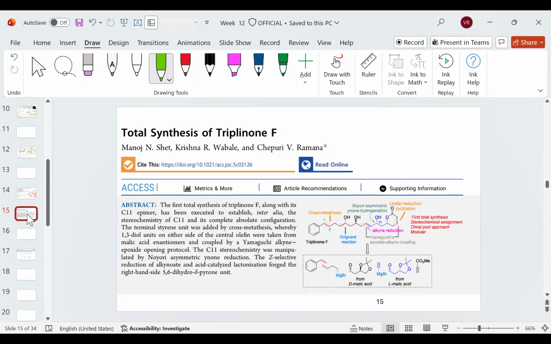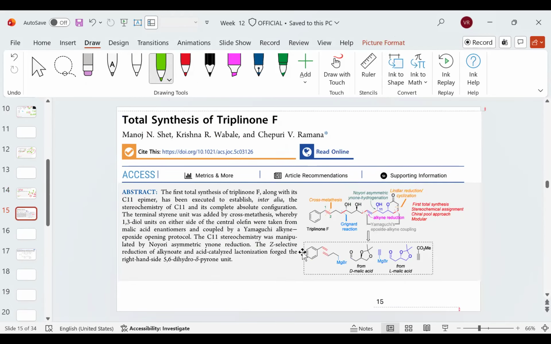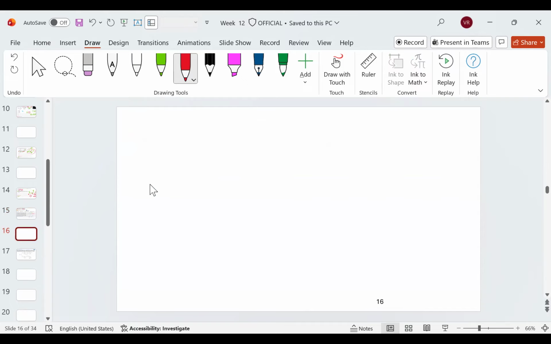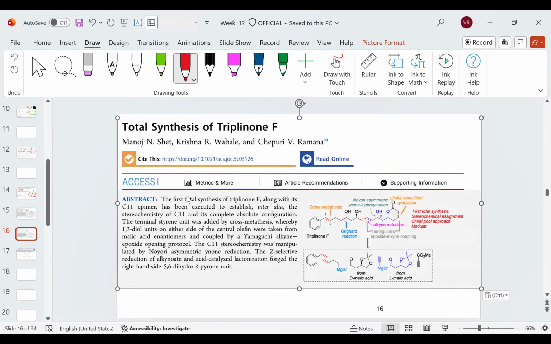Okay, let's move to one of the examples that I have taken purposefully to show you. This is a very recent paper from NCL Pune on the total synthesis of triptolide F. If you look at the molecule, I will zoom out so it will be easy for your understanding.